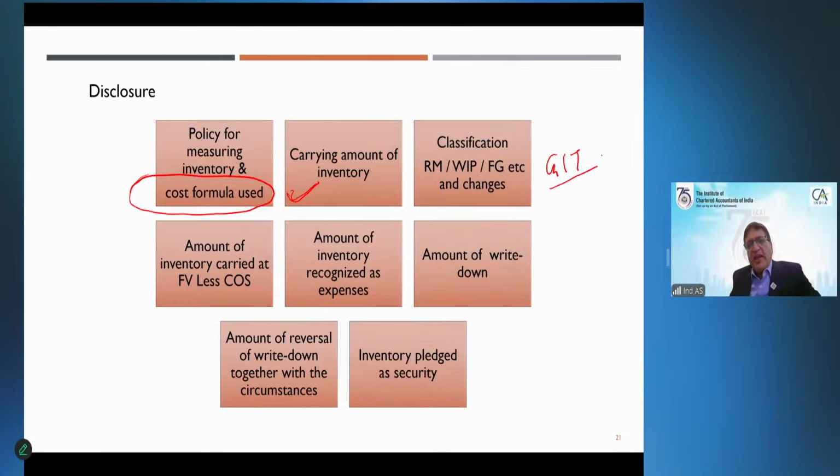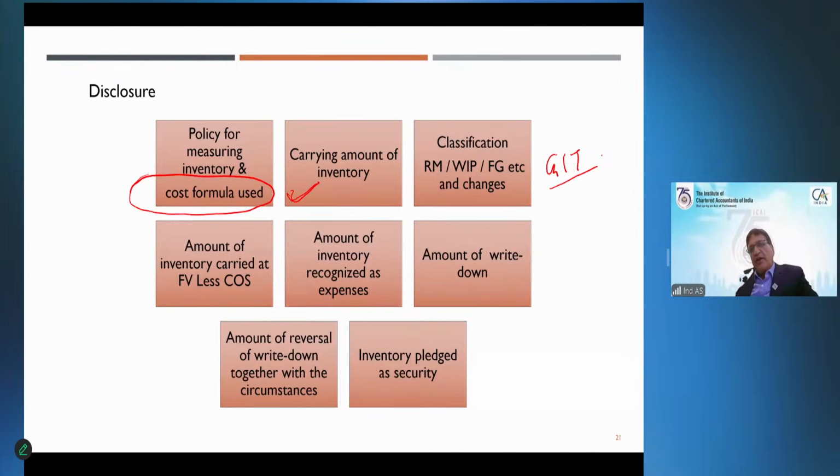Now, GIT has to be added in the respective item. Suppose my GIT is raw material, then the raw material portion has to be added with the GIT, and you have to disclose it: what you have and what the GIT is. It may be either by way of a note or a sub-classification.